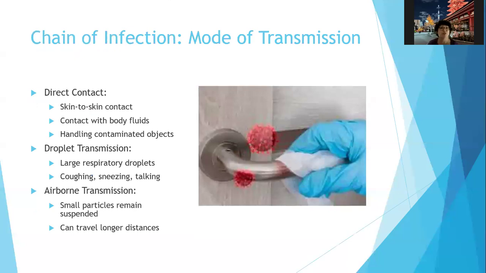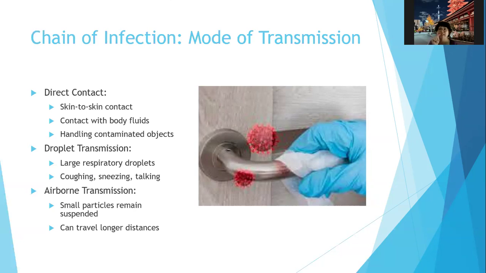Now we need a mode of transmission. Every pathogen has its preferred mode of transmission. Some are direct skin to skin contact, contact with body fluids, or handling contaminated objects. Droplet transmission is coughing, sneezing, talking. It's the large respiratory droplets that we saw on the last slide. Airborne or aerosol transmission is small particles that remain suspended in the air longer than droplets do.